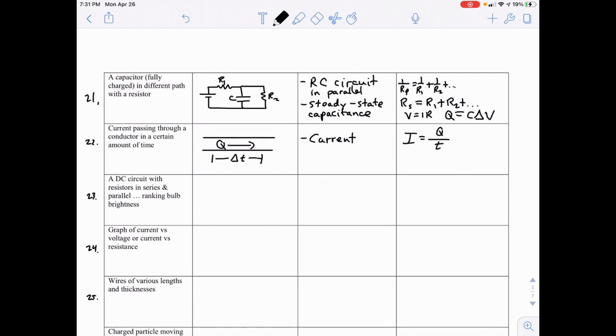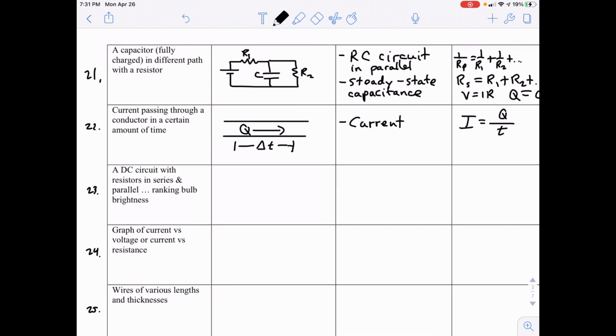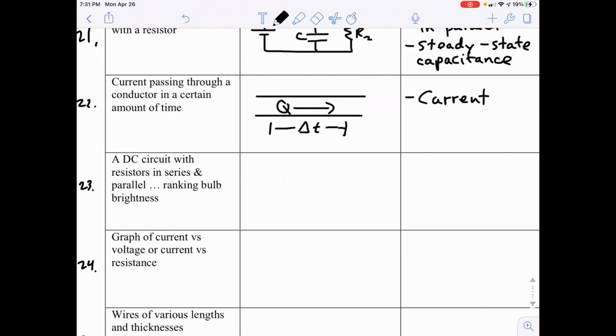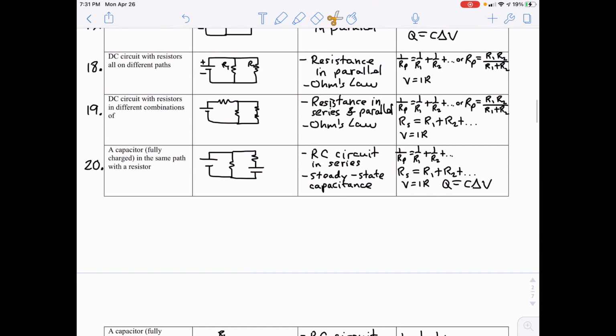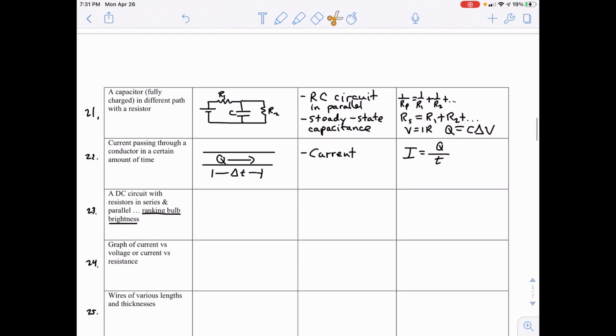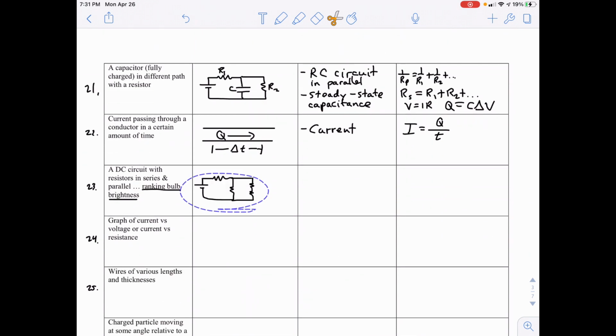Well, in number 23, we have a DC series circuit in series and parallel, but specifically the question is asking about ranking bulb brightness. So the first thing I would note, of course, is the nature of the circuit, right? It's a combination of series and parallel. That's number one.